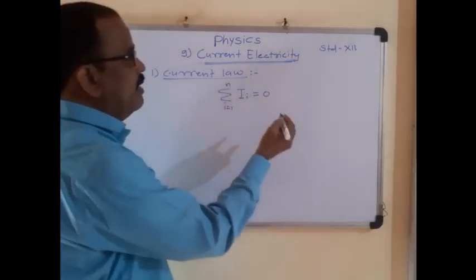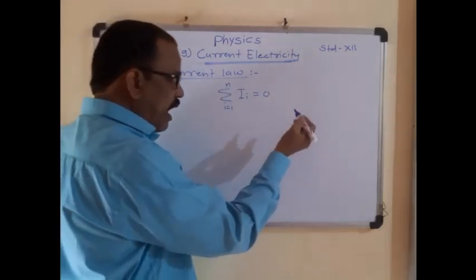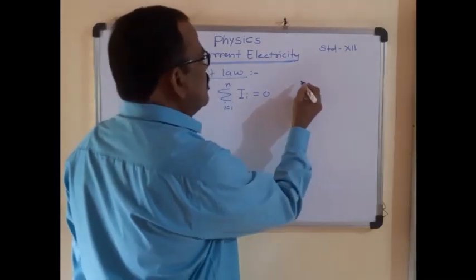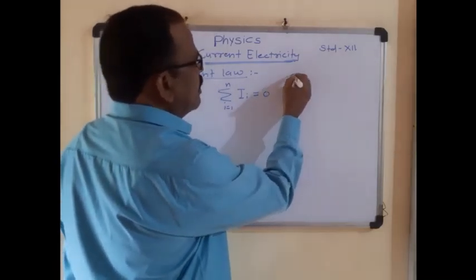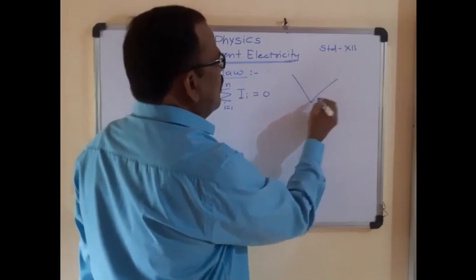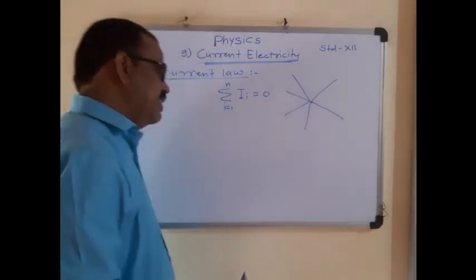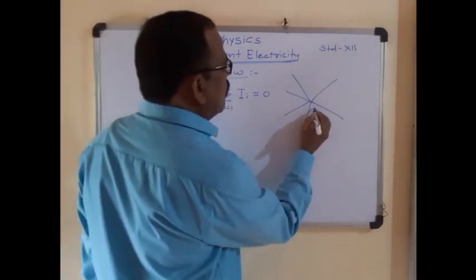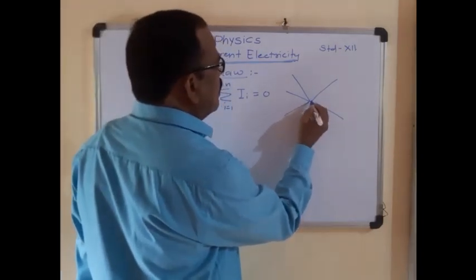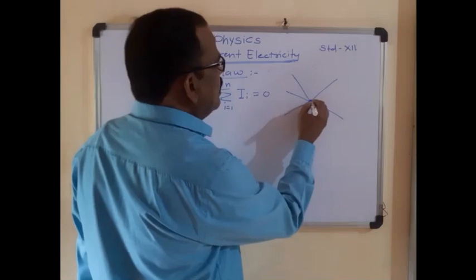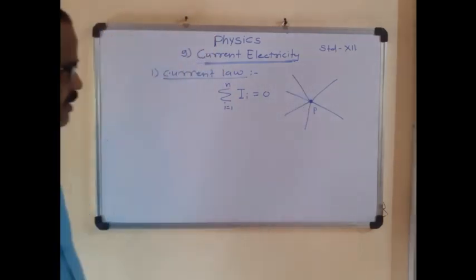Suppose several conductors are connected at a junction, say 5 or 6 conductors: first, second, third, fourth, fifth and sixth. These 6 conductors are connected to a common point P, which is called the junction of the conductors.